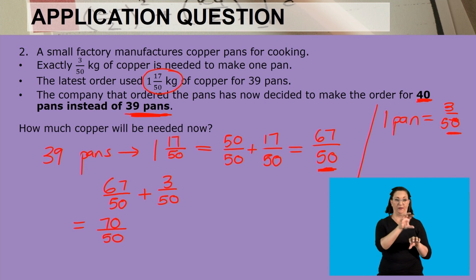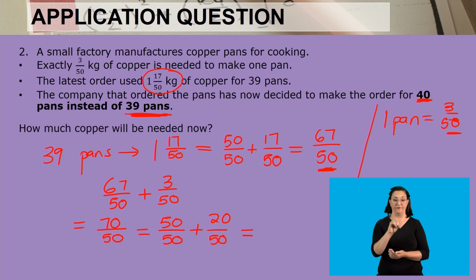And as we have that improper fraction, why? Because the numerator is bigger than the denominator. Now we need to change that. That will be 50 50ths plus 20 50ths. Now we know that 50 50ths is 1 whole, and that 20 50ths, we can simplify by finding the highest common factor.